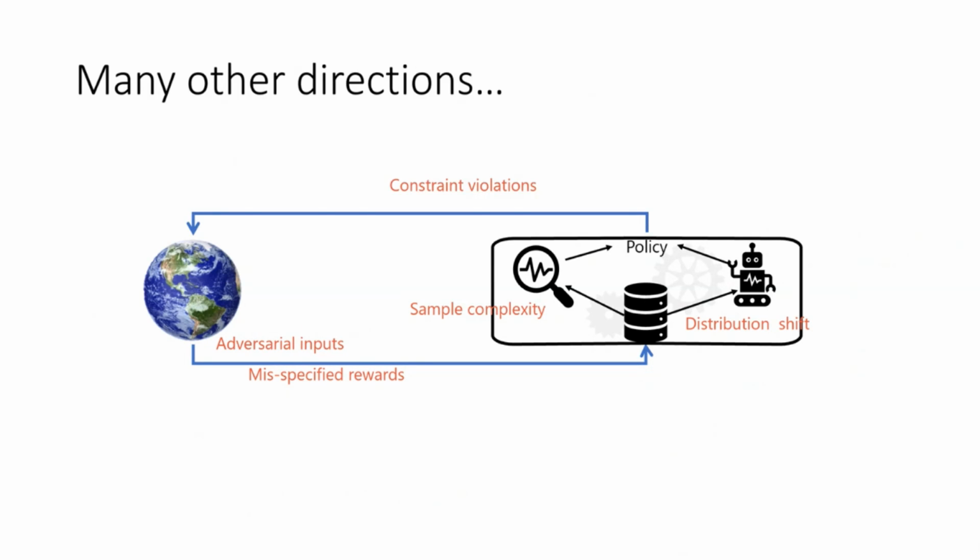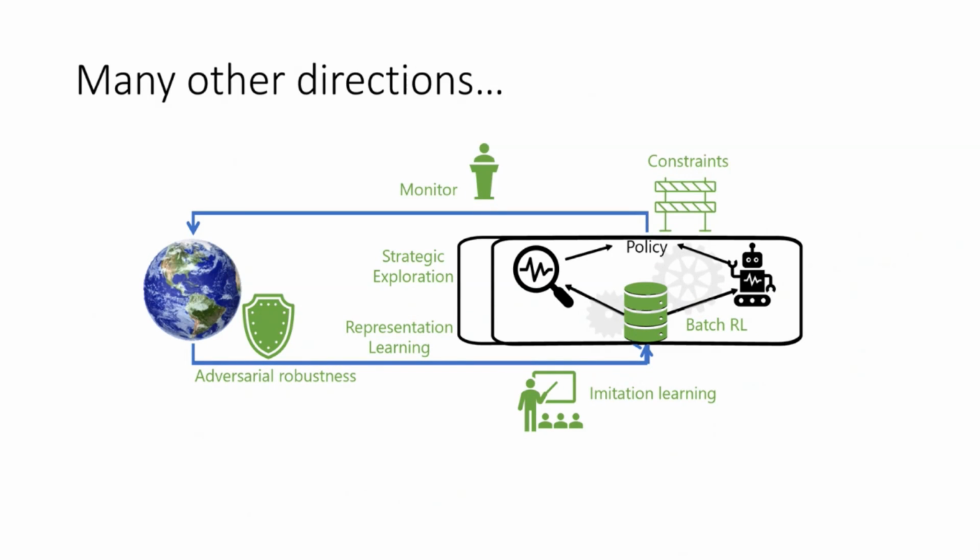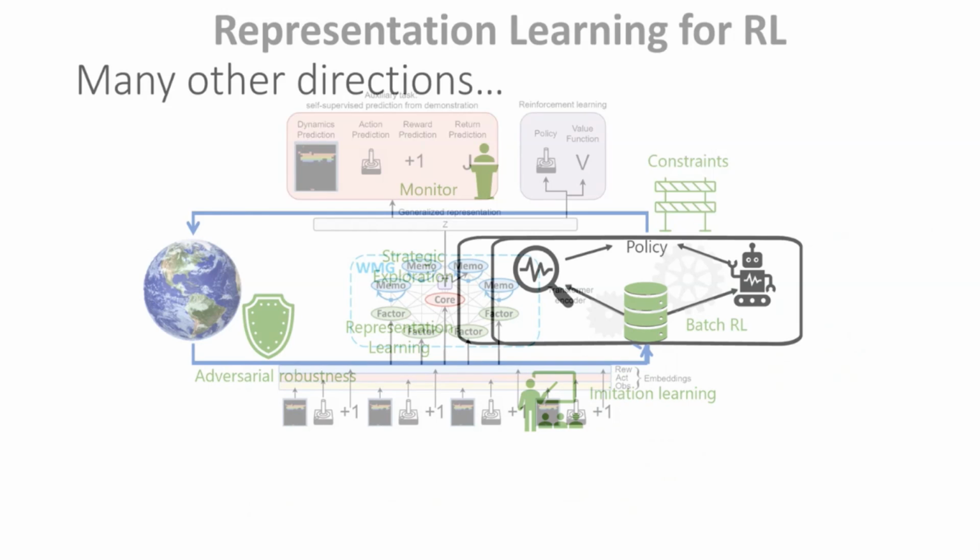And we do worry about all of these and do research actively on topics ranging from exploration and representation learning, batch reinforcement learning, where there is no active interaction with the environment, notions of adversarial robustness for reinforcement learning, and so on. And unfortunately, I don't really have time to get into all of them, but I do want to highlight a few other areas of work.